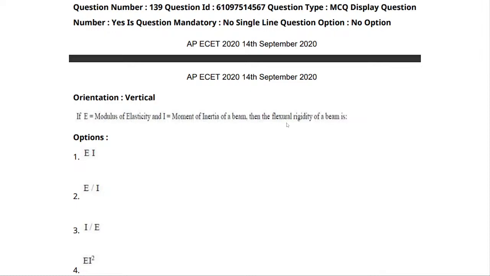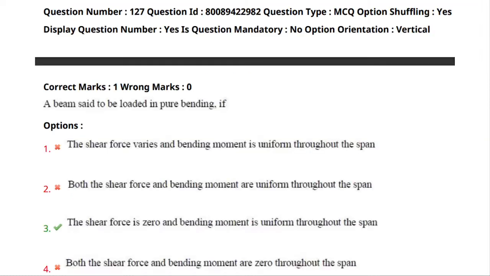I hope you guys might have understood that for this question the answer is option number one, because you already know flexural rigidity is nothing but E into I. Okay, this question is also done.